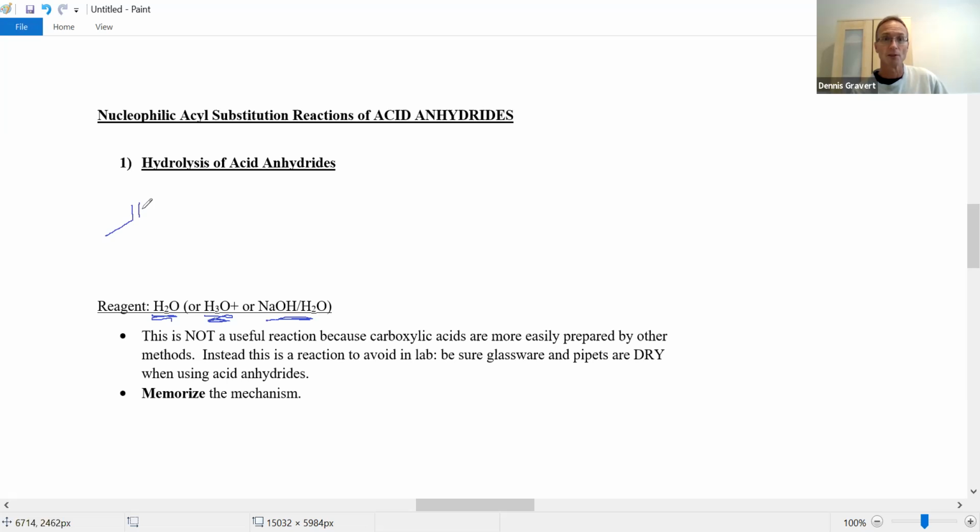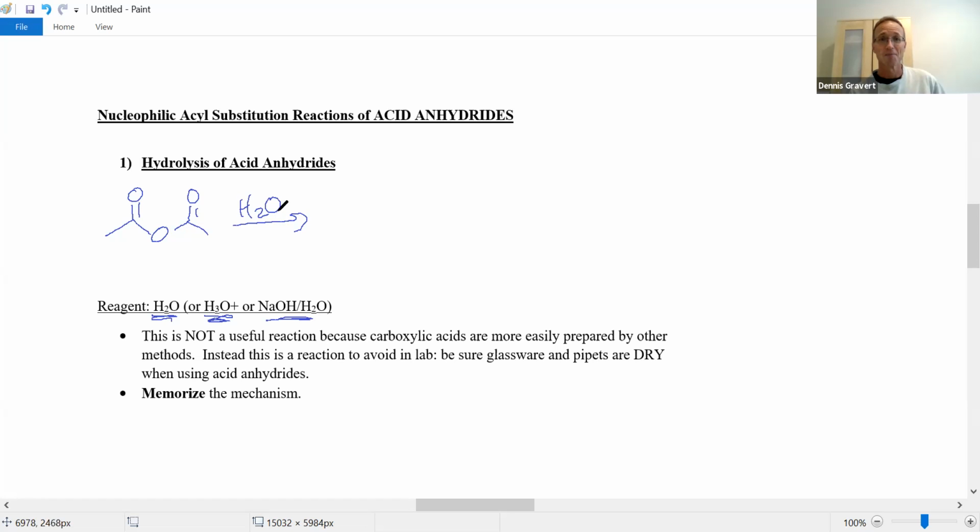But you don't have to. If someone leaves the bottle open on a bottle of anhydride, it's going to start decomposing through hydrolysis. It'll react with moisture in the air, humidity. Don't breathe on it. A lot of moisture in your breath too, and that can react with the anhydride, but it is a slower reaction.